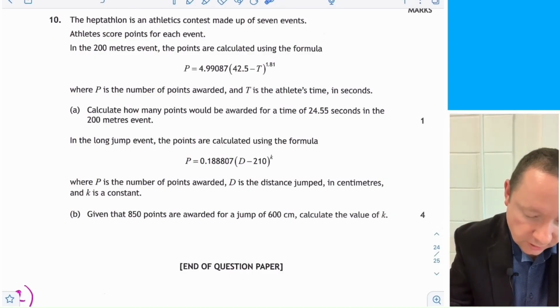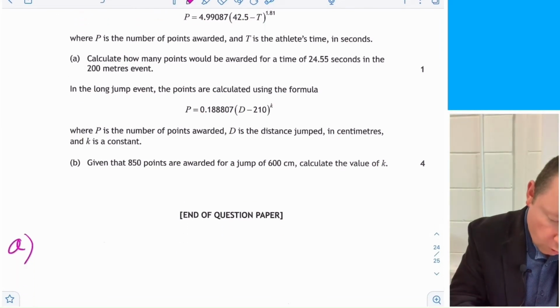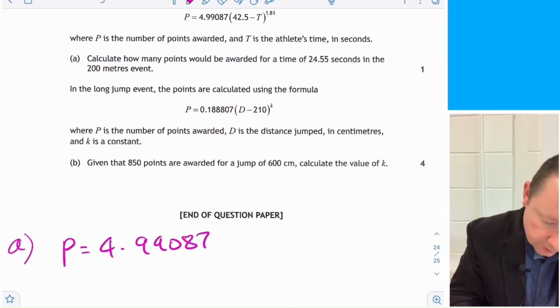So we just need to substitute 24.55 in for T. So we've got P equals 4.99087 times (42.5 minus 24.55) to the power of 1.81.